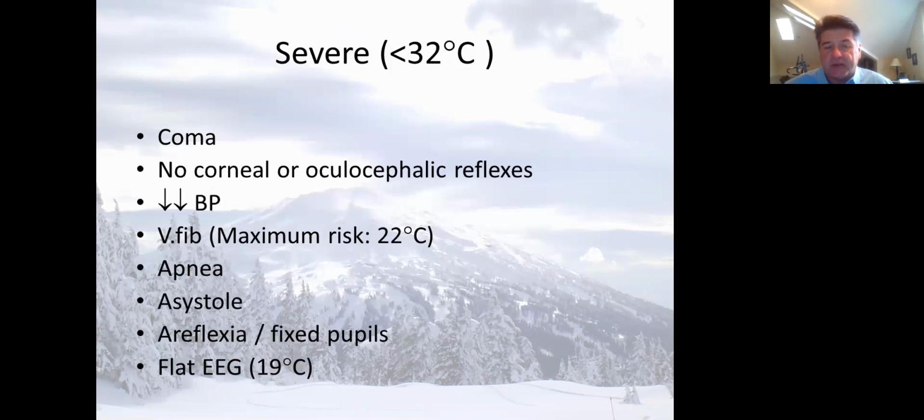Your reflexes are not there at all, and your pupils can be fixed. And you can actually get a completely flat line EEG at 19 degrees centigrade. An EEG is different than an EKG. An EEG stands for electroencephalogram, and it measures the brain waves. So at 19 degrees, the brain waves can actually stop.